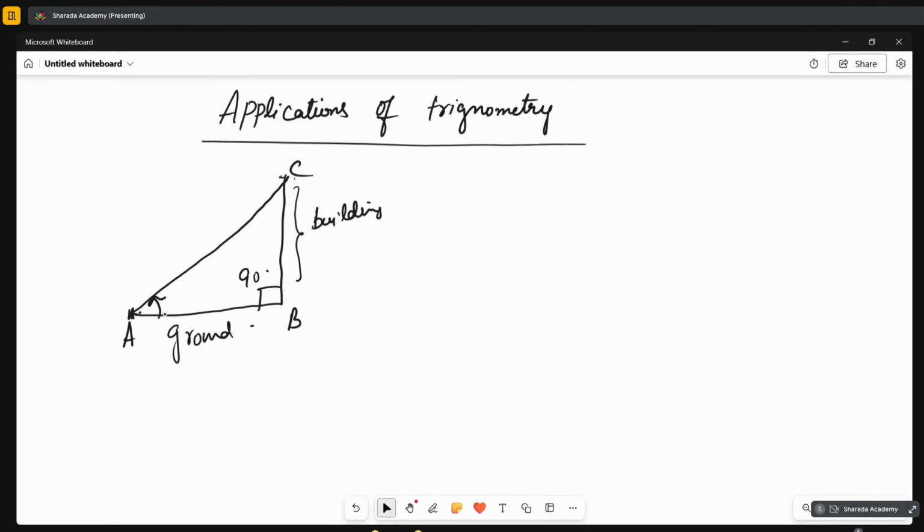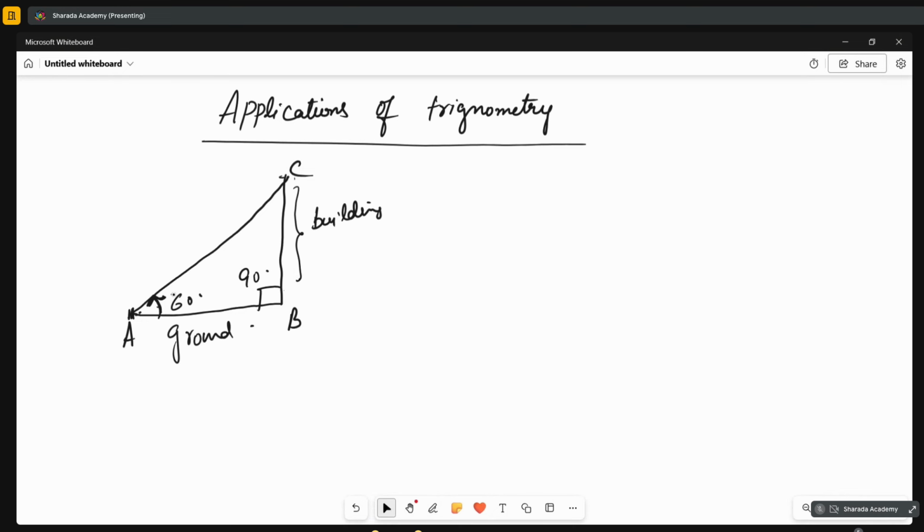Angle of elevation we always take with respect to the ground. It may be 60 degree, something like that, it may be anything. Elevation means it is increasing like this. It may not be with the ground also, but if you observe, it is going up like this. That is angle of elevation.